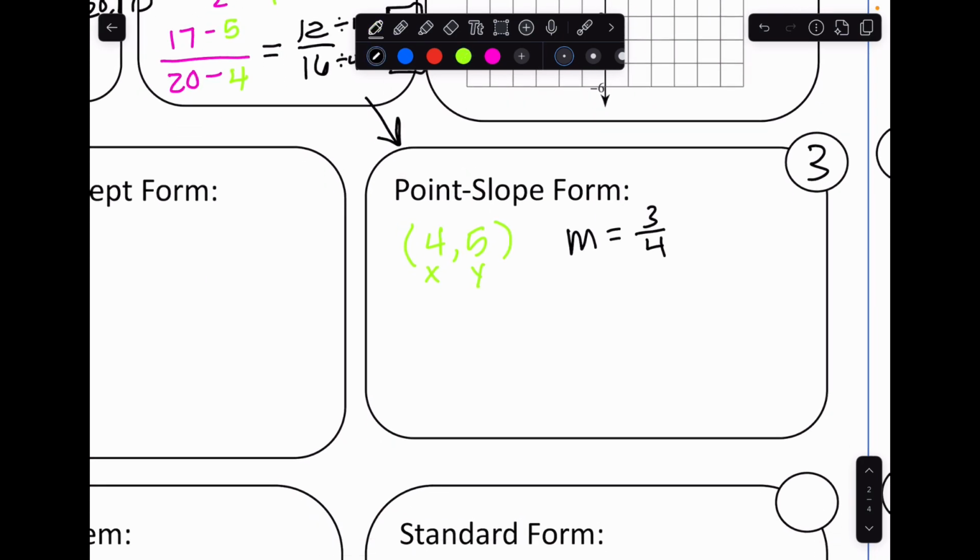We know our point-slope form is y minus y1. We know our y1 comes from our point. So my y of my point is 5. Notice, since the 5 is positive, I didn't change my minus to a plus.